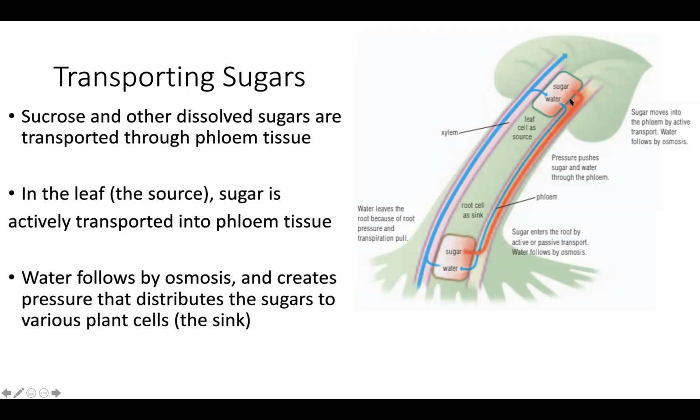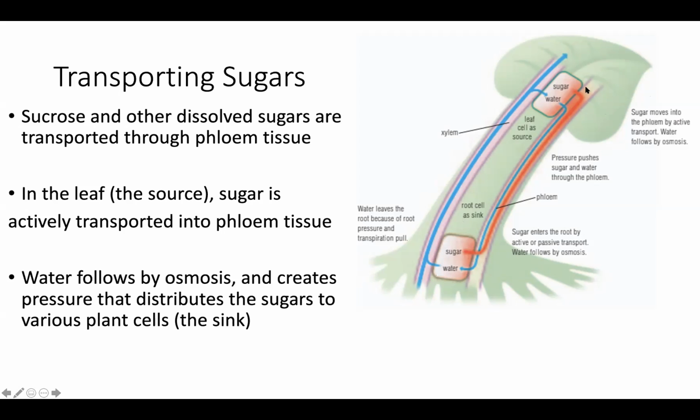Once it's in the phloem, it's going to move from a high concentration, up in the leaf, to an area of low concentration down here, into the root system, the stems or other plant cells. We have a high concentration of sugar up here, and once it's transported into the phloem, it's going to want to minimize that concentration gradient.